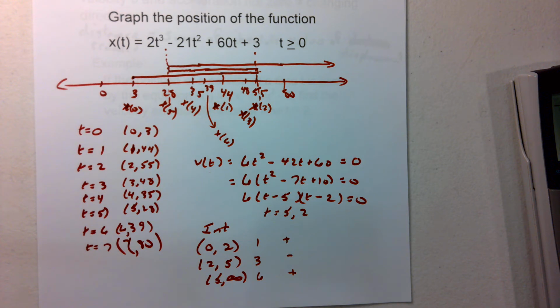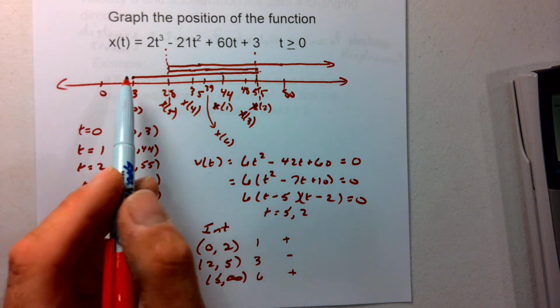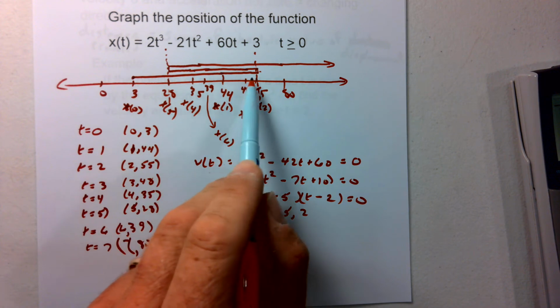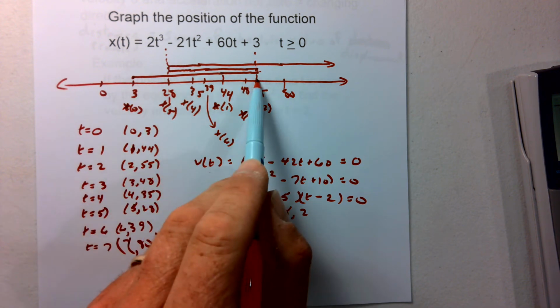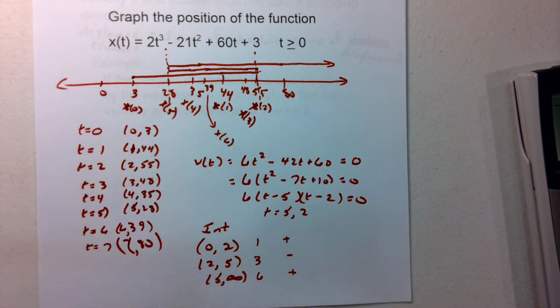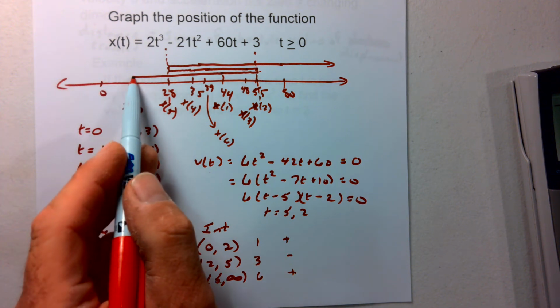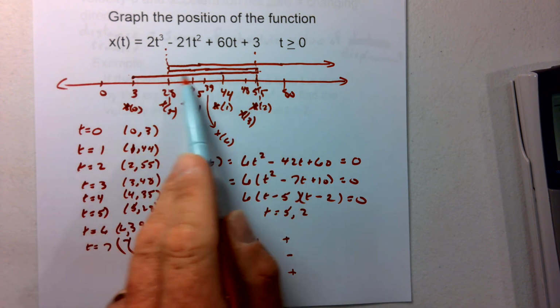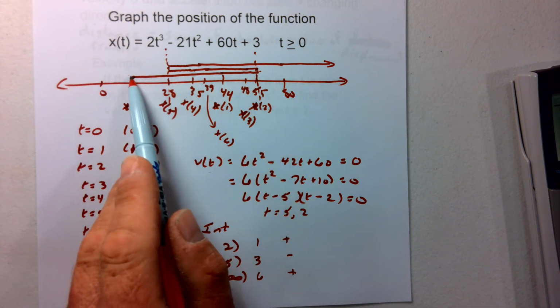Something else that I want to talk about is how far have we traveled? So between 0 and 2, we've traveled 52 units along the number line. If we look at the displacement, remember that is how far we are from where we began, that's also equal to 52 on the first 2 seconds.